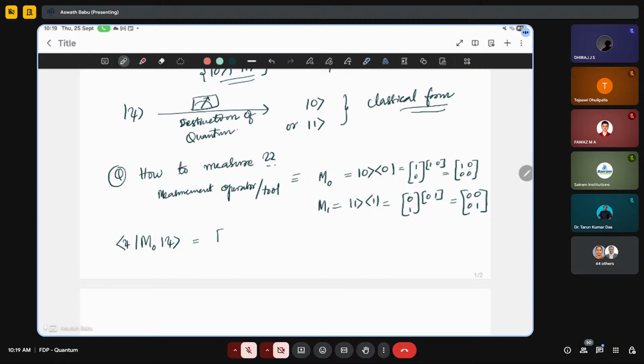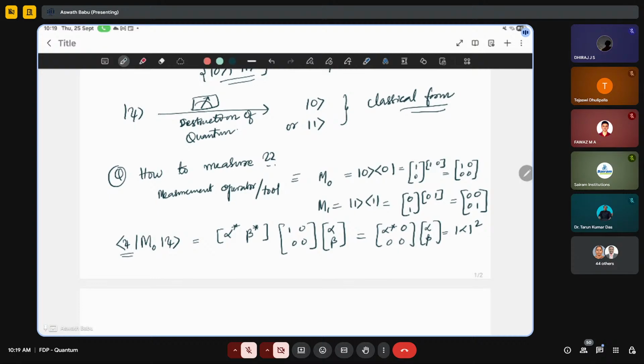It gives you alpha star beta star transpose, the adjoint, multiplied by the matrix 1 0 0 0, and then alpha beta, which is going to give you alpha star 0 0 multiplied by alpha beta, which is absolute alpha square.